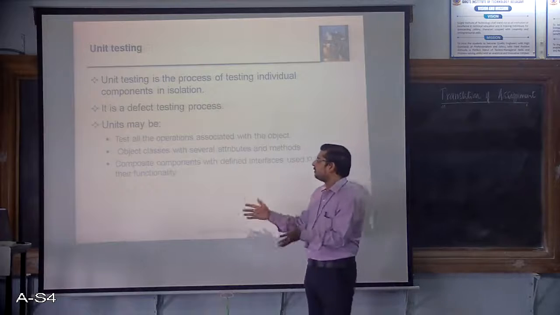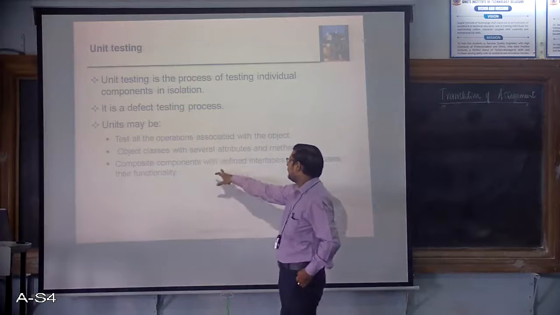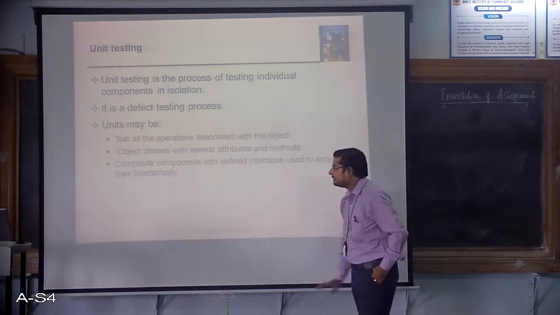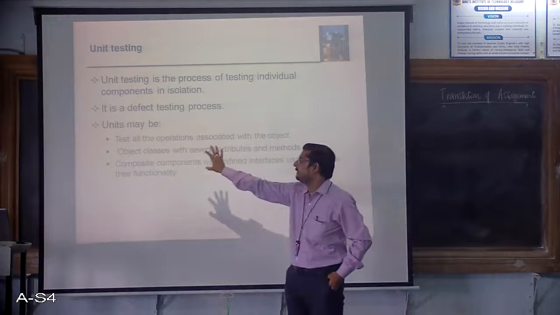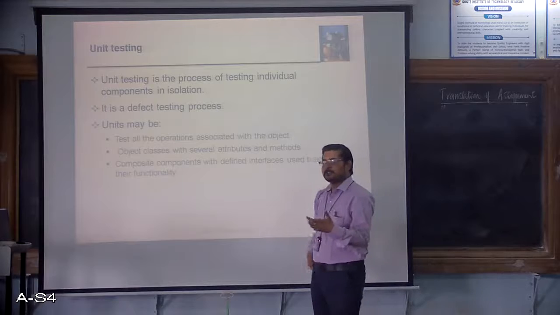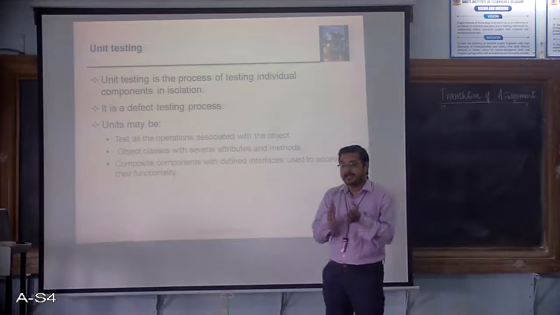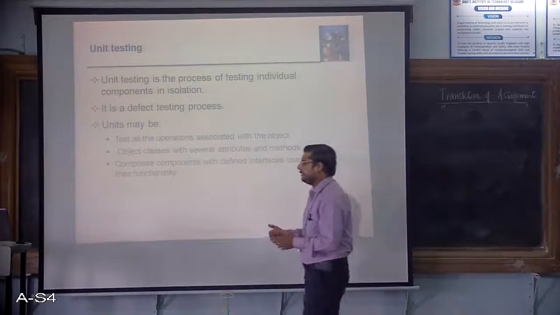These are what we call object classes with several attributes and methods, and composite components with defined interfaces used to access their functionality. All of these come under unit testing. First we have to test all the operations associated with that object and object classes with their attributes and methods. So we'll go to the example.